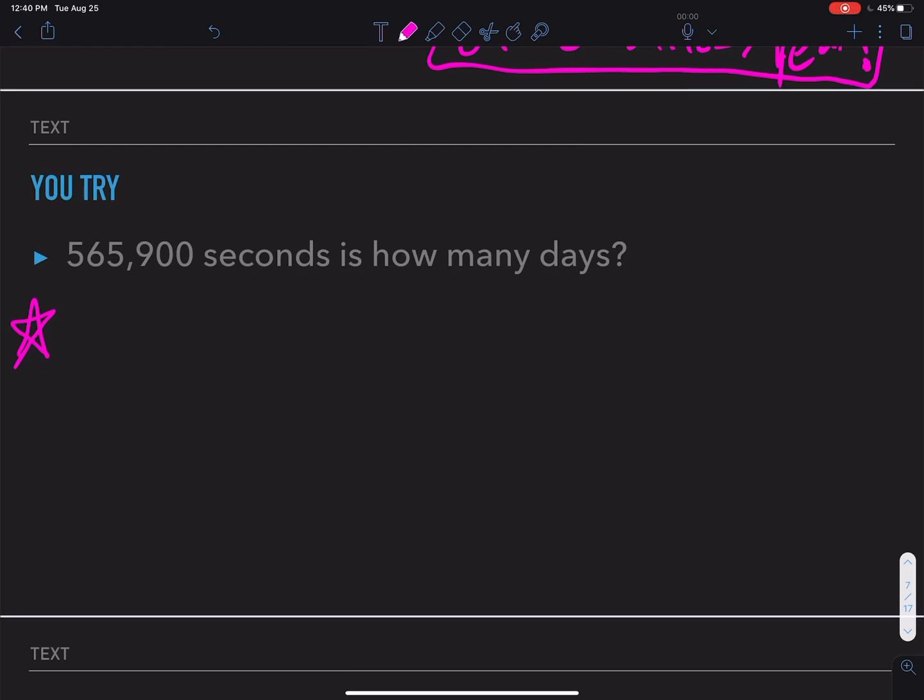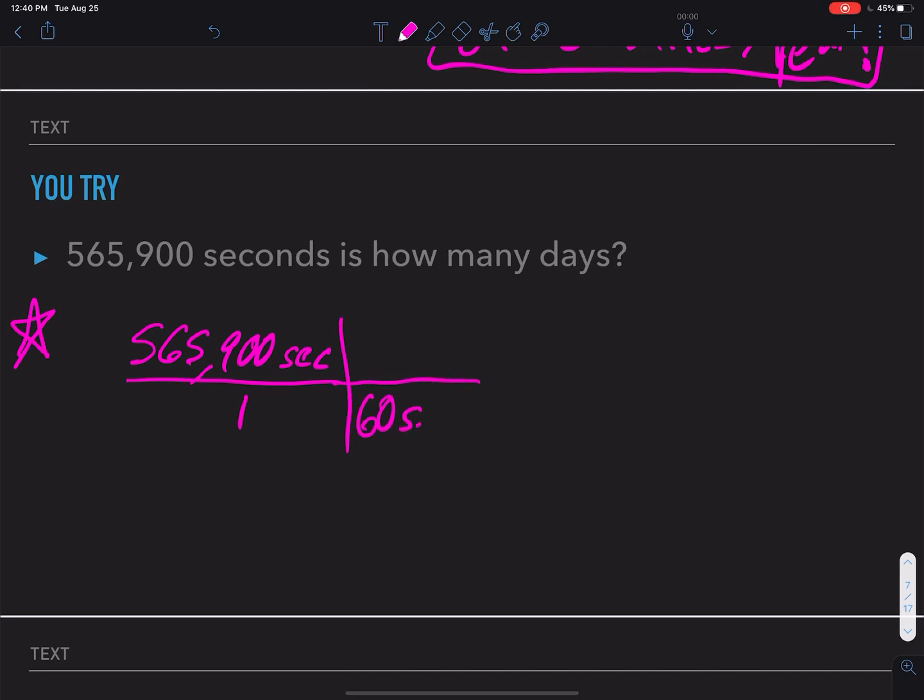Okay, so now that you've tried that one, let's take a look at the solution. So we're going to start with 565,900 seconds over 1. Now, what do we know about seconds? Exactly, we know that there are 60 seconds in 1 minute.